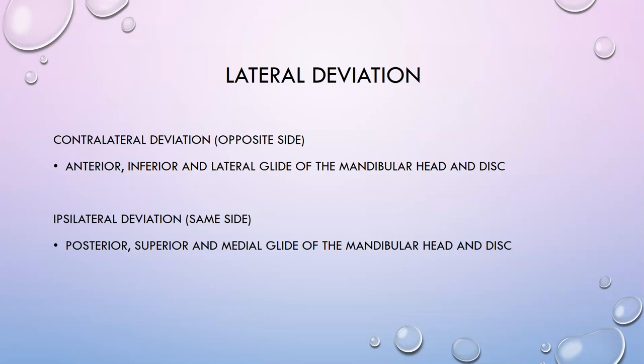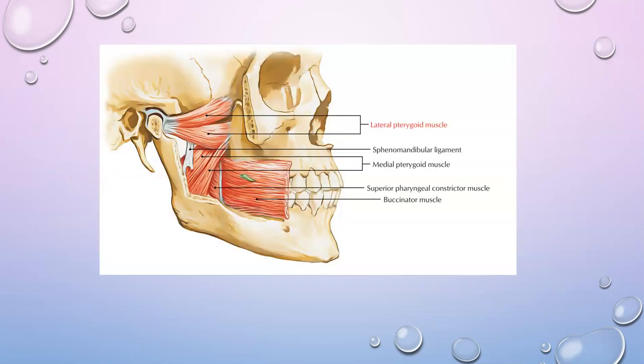Ipsilateral deviation is when it is on the same side. So a muscle on the right moves the mandible of the jaw to the right, the same side. When that happens, we get a posterior, superior, and medial glide of the mandibular head and disc. So let's go back here just for a moment.